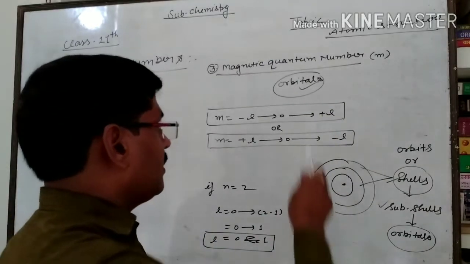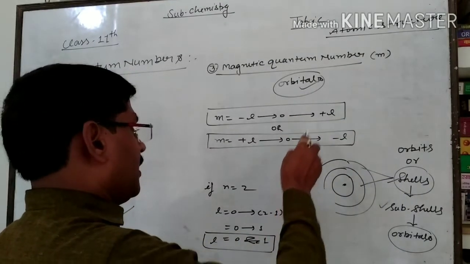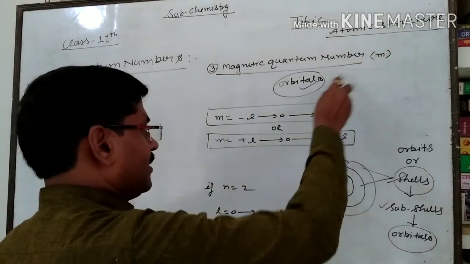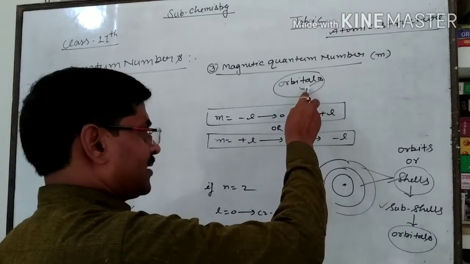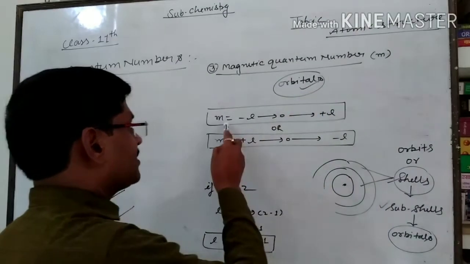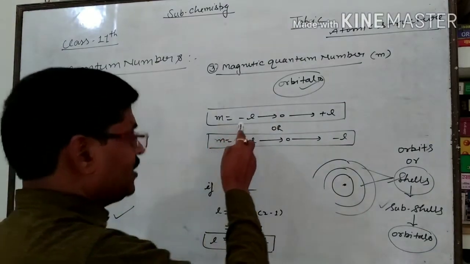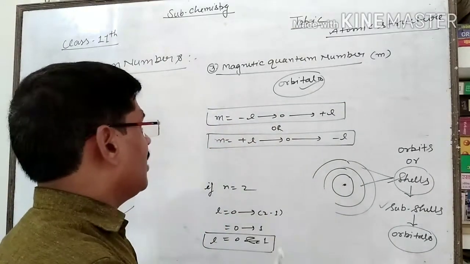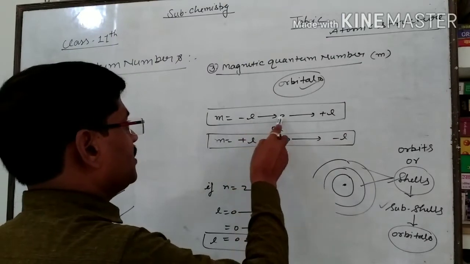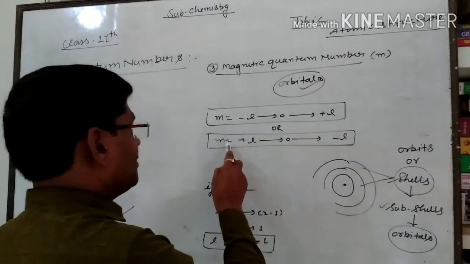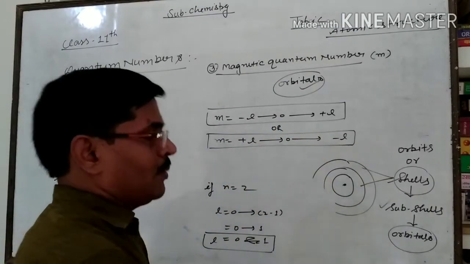The magnetic quantum number, represented by small m, represents the electron in the orbitals.